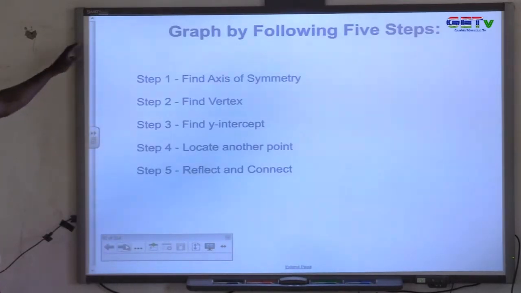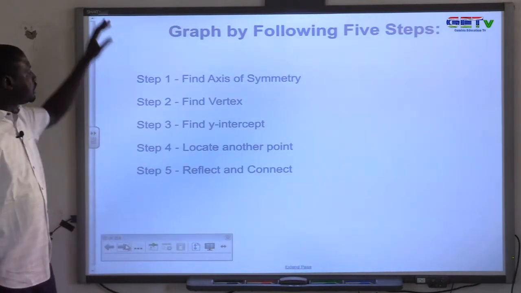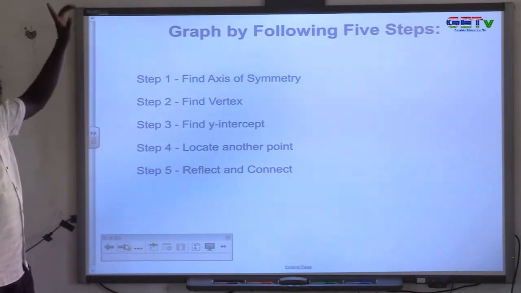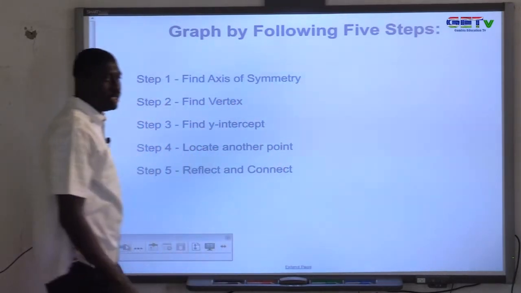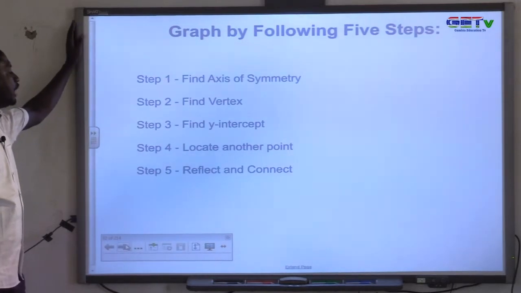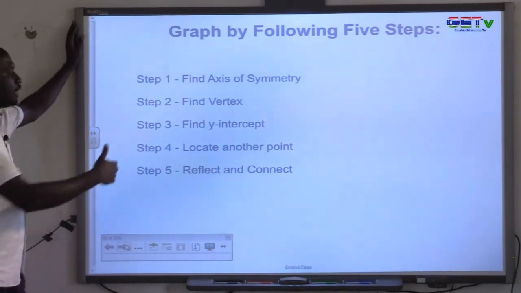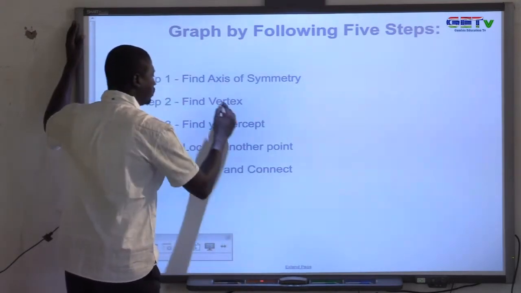Graphed by following 5 steps. To graph a quadratic function, we are going to follow these 5 steps. So step 1, first we have to find the axis of symmetry. It's very important. And step 2, we're going to solve how to find the vertex of a quadratic function.